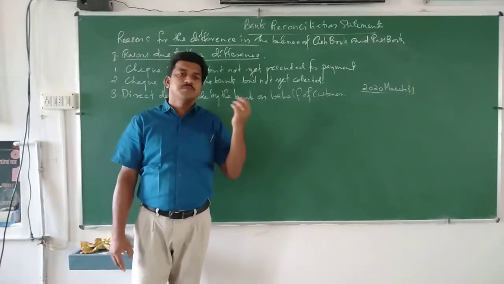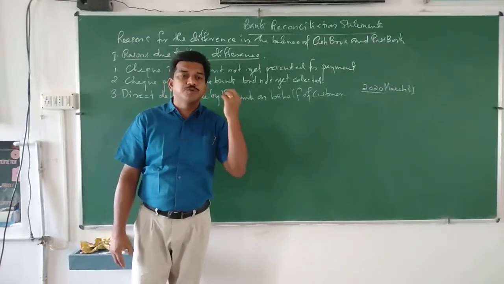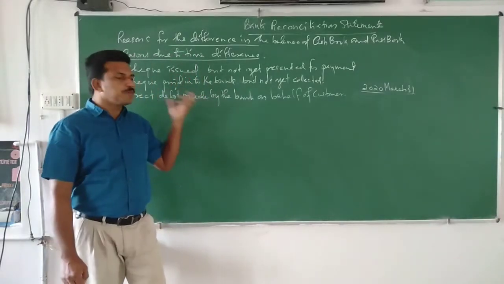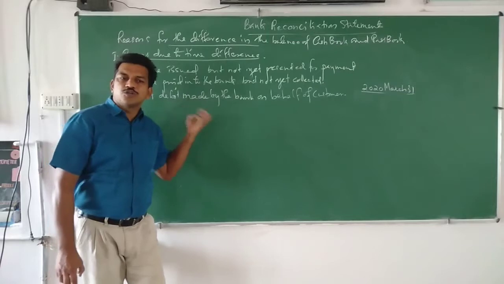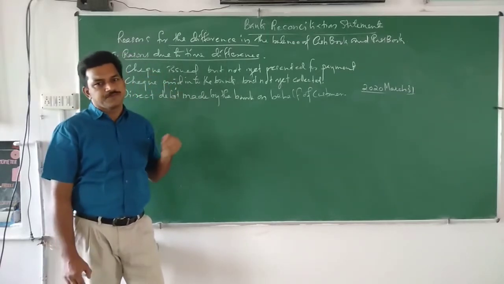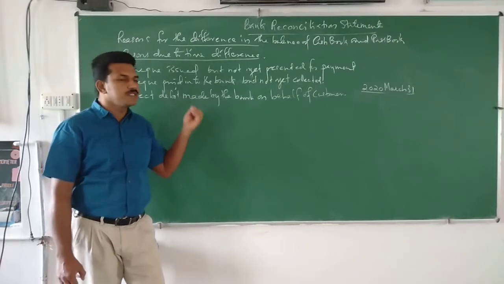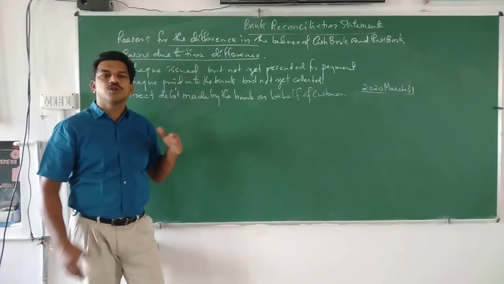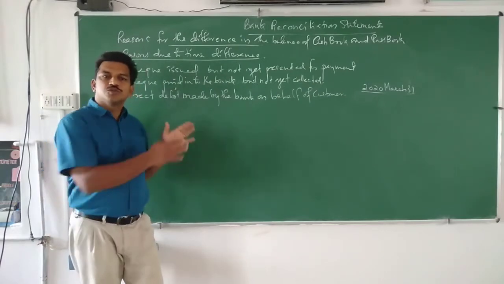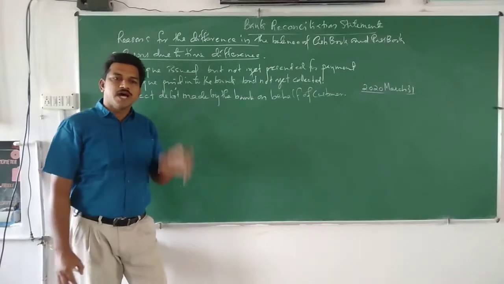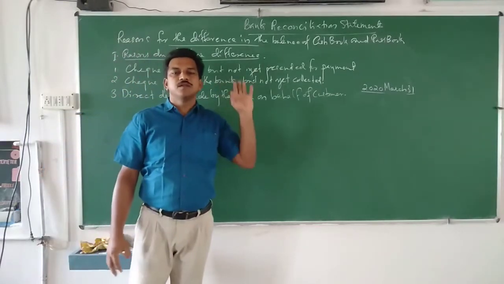Or like that, we may have instructed the bank to pay the insurance premium. So suppose on 26th the bank deducted that insurance premium or rent, but it was not informed to us, or we did not come to know that, so that expense was not deducted in our cash book. So in that case also there will be differences.